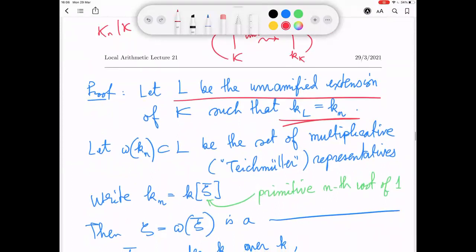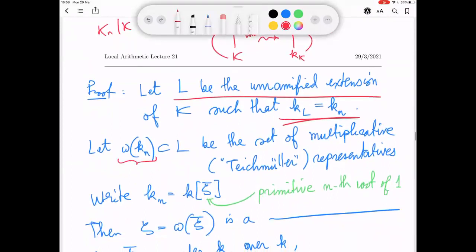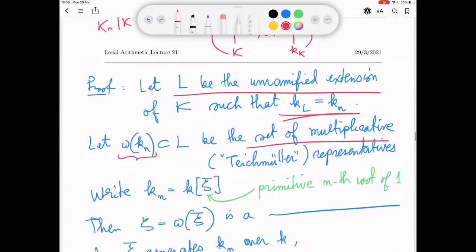Now remember we have these Teichmüller representatives, or multiplicative representatives.